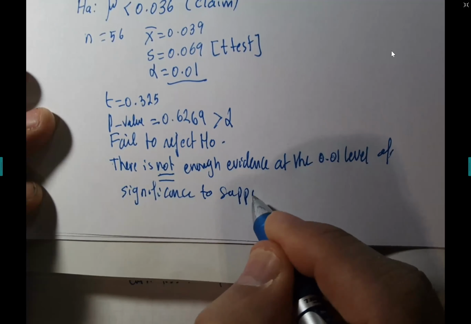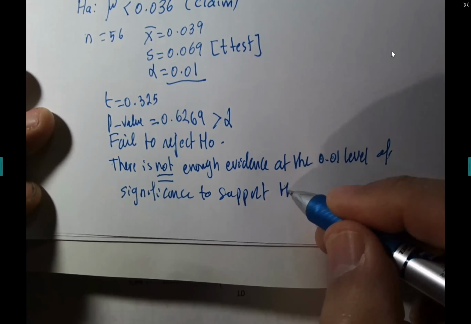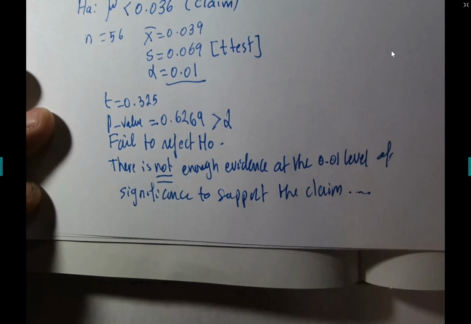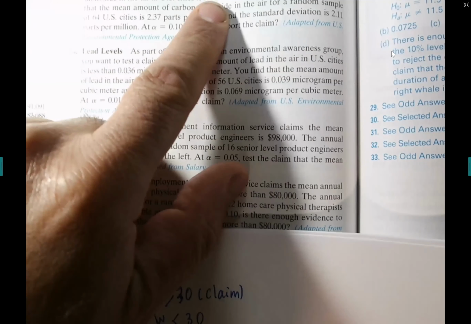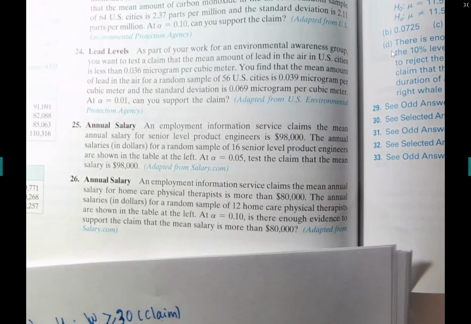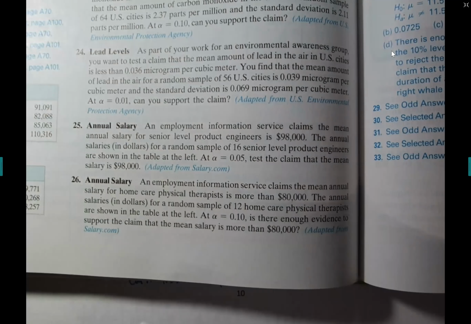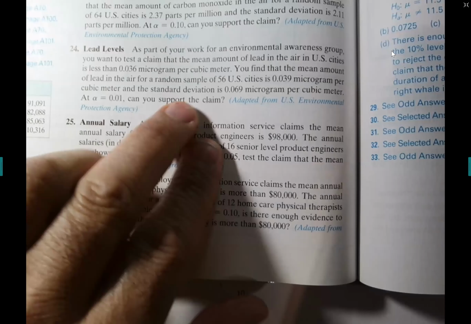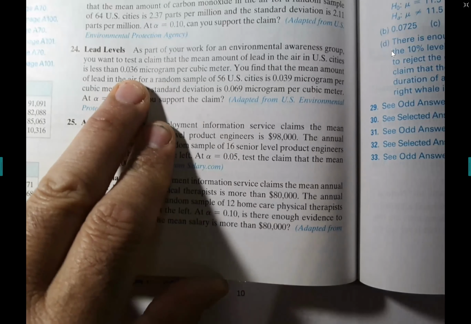We're not supporting the claim, we're saying we don't have enough evidence to support the claim. And then you can copy and paste just what the claim is. The claim that the mean amount of carbon monoxide in the air in US cities is less than 2.34 parts. Which one did I? Oh, right here. Is less than 0.036 right here.